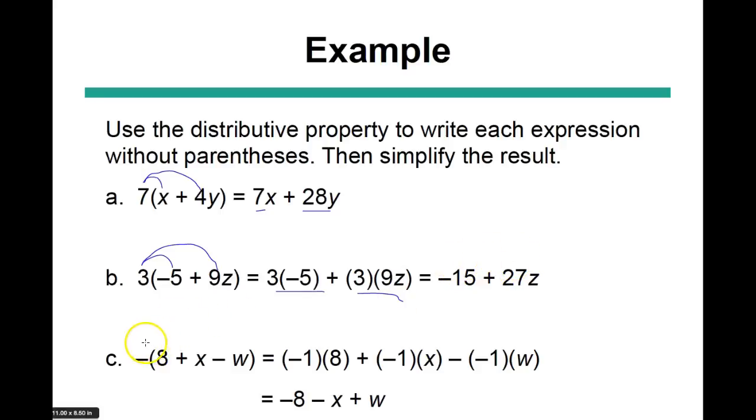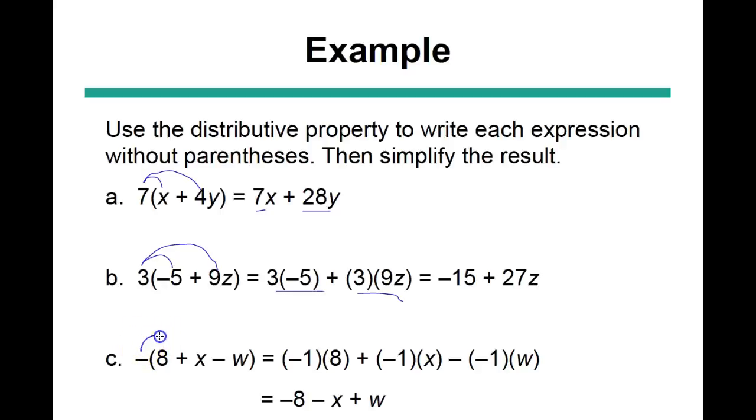And then for this last one here, whenever we have a group of terms that are inside a grouping symbol and we want to change the sign of them, what we do is we multiply them by a negative 1. And whenever we just have a negative sign out here, that's equivalent to that.